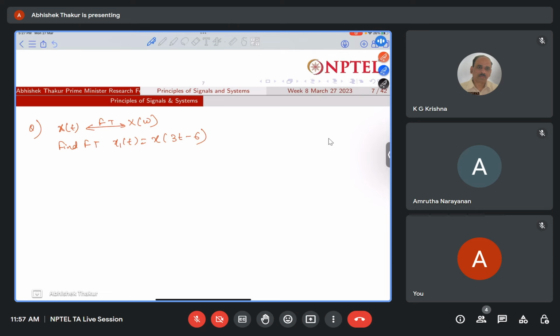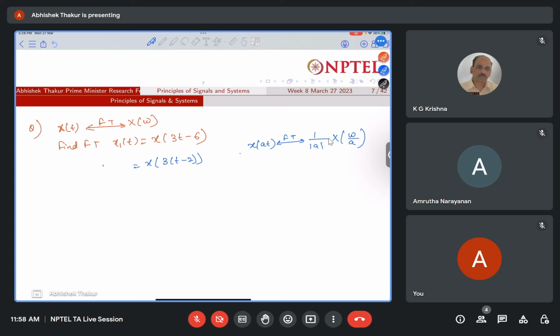We know that for time scaling, the Fourier transform of x(at) becomes 1 by mod a times X(omega by a). Here it is scaled by 3 units, so we can write it as x(3(t minus 2)).